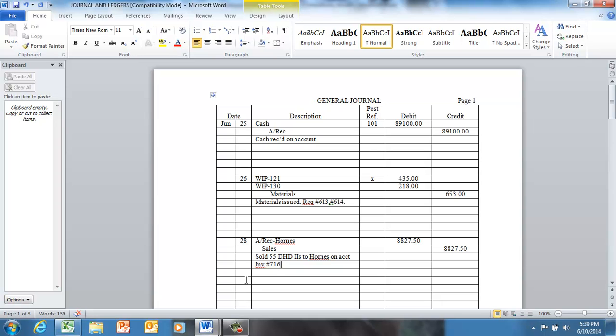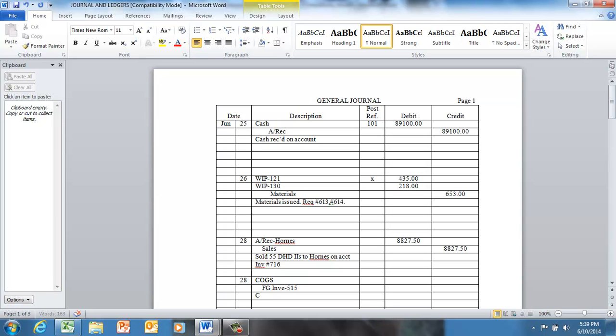Alright, now we skip a space, and we have our second journal entry. Every time we sell stuff, it's going to be dated the same date. This time we're going to debit cost of goods sold, and we're going to credit finished goods inventory, and this was number 515.